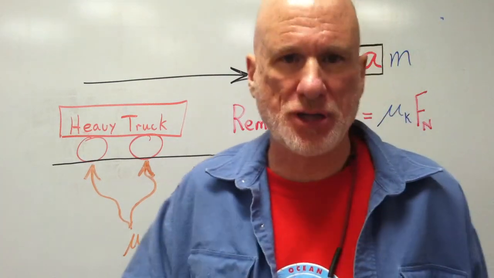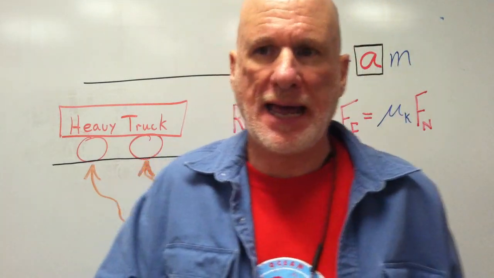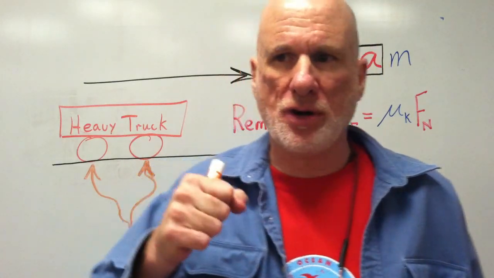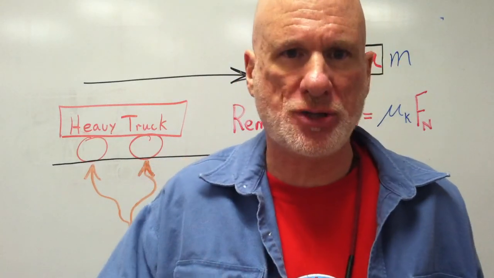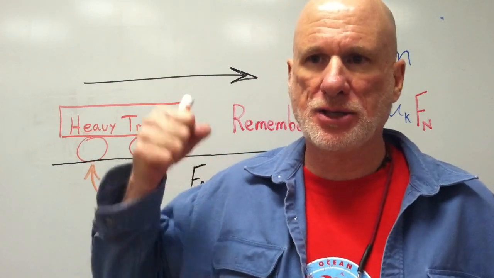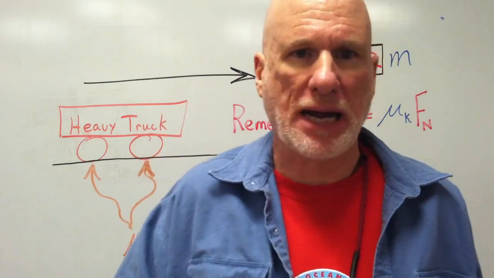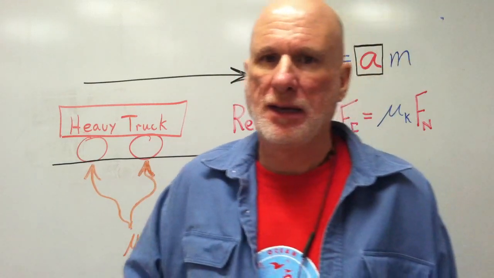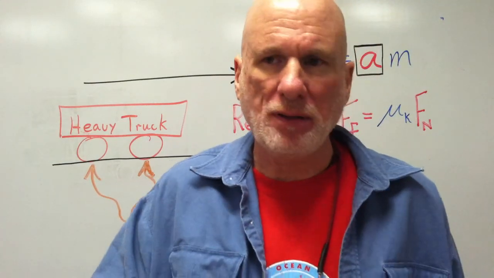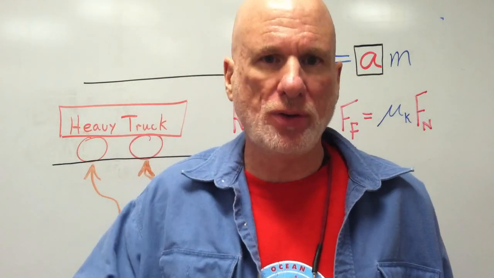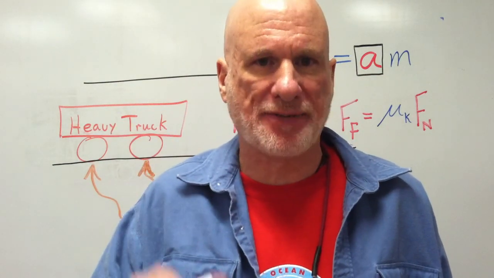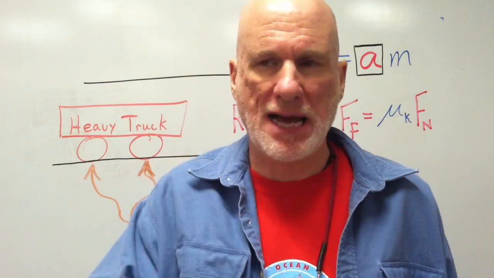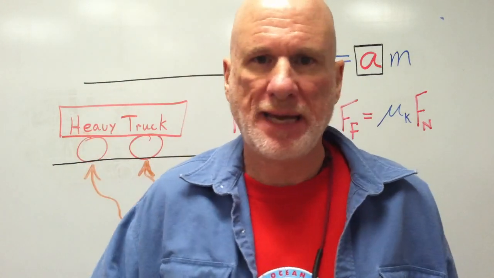This is the scenario. Scenario 1. I have a heavy truck, and it's going at a certain speed, and it's going to hit the brakes. It's going to skid to a stop. Now, I double the load on the truck. I double the mass of the truck. Everything else is the same. Same velocity. I hit the brakes.